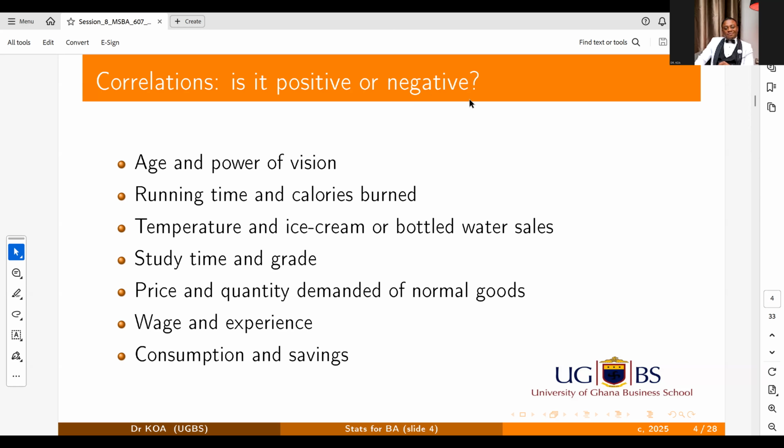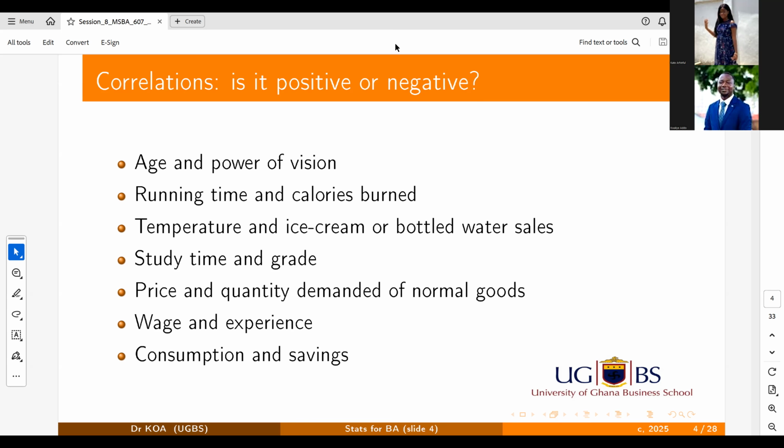Study time and grade. Positive. Price and quantity demanded. Negative. Wage and experience.